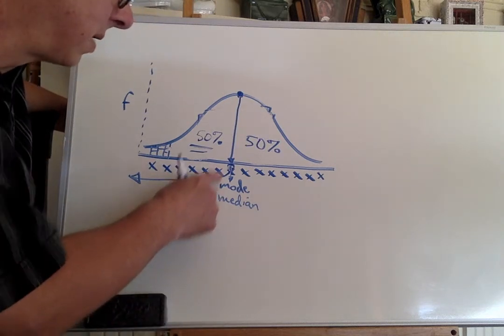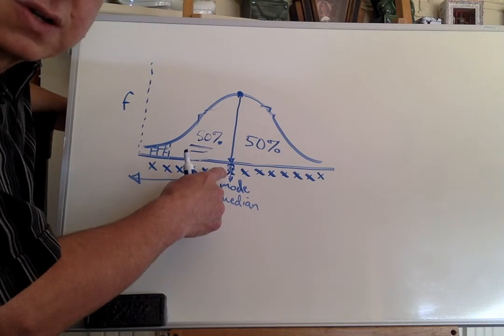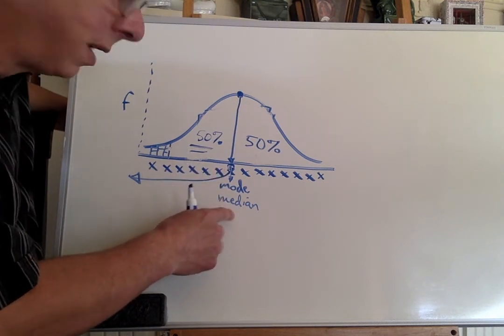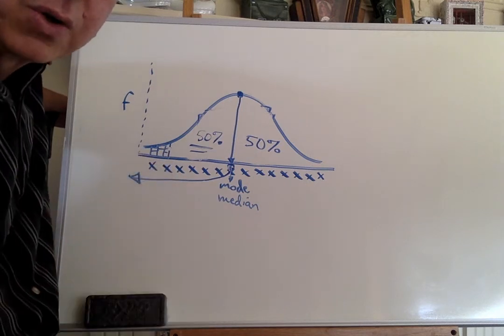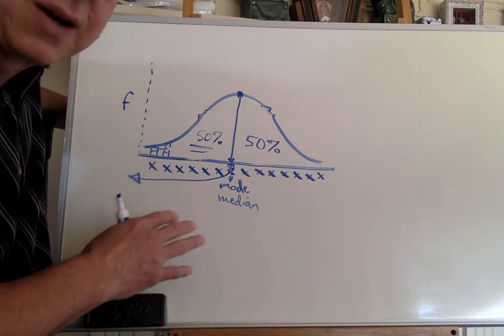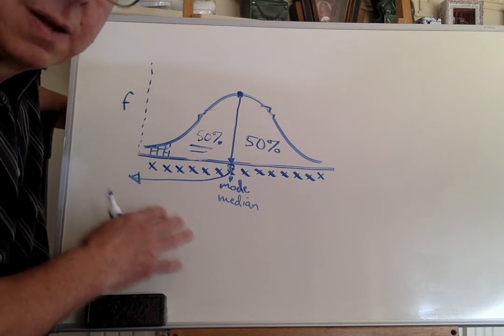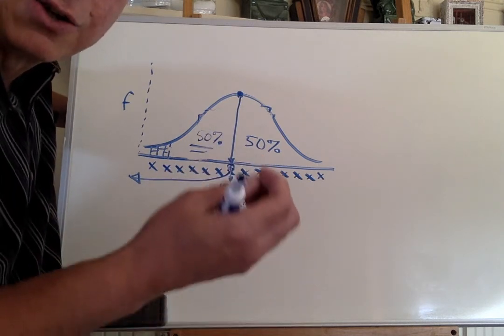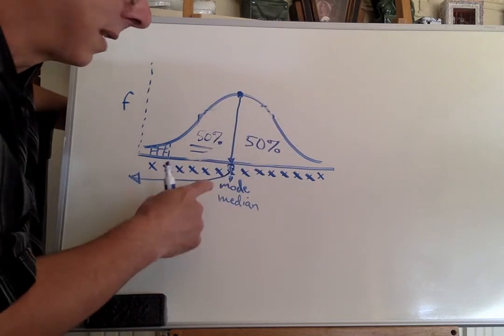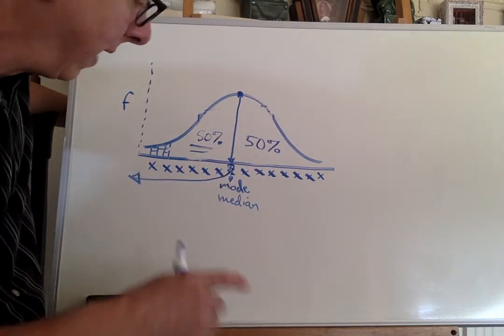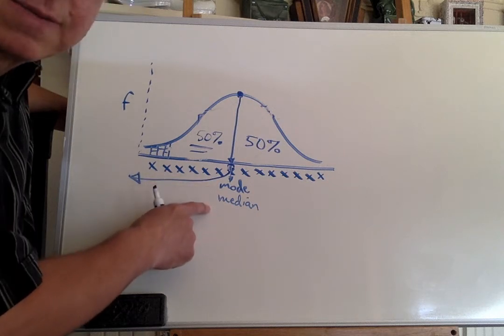The mode is the place where the most frequent score is. The median is the place where 50% of the scores fall at or below. In a normal curve, those two things are at the same place. But in our next video, I'll show you that that's not always the case. They're not always at the same spot at all. And they have very different meanings.